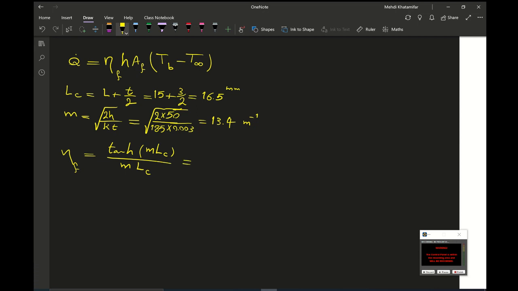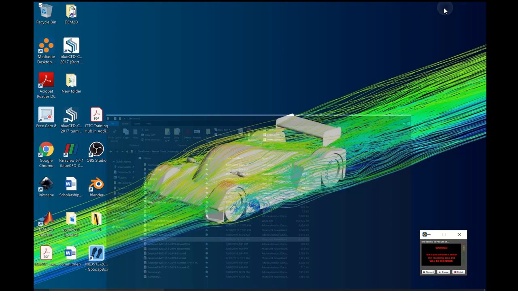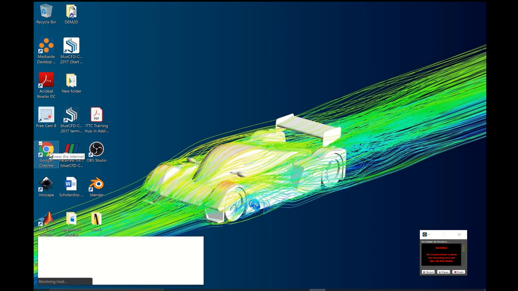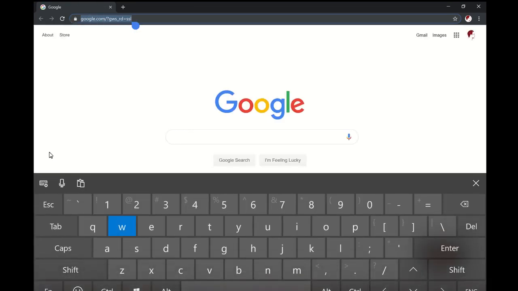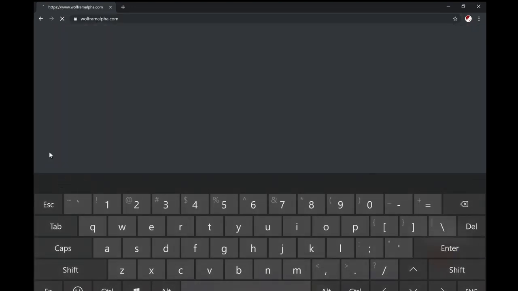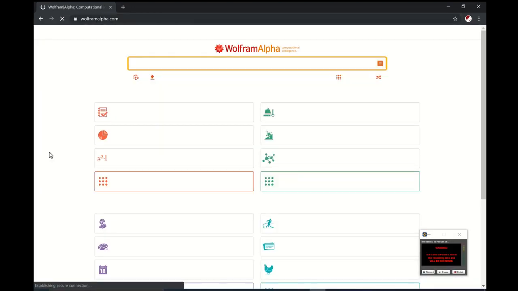Because I don't know what the tanh of that is, I'm going to calculate it using the Wolfram Alpha website.